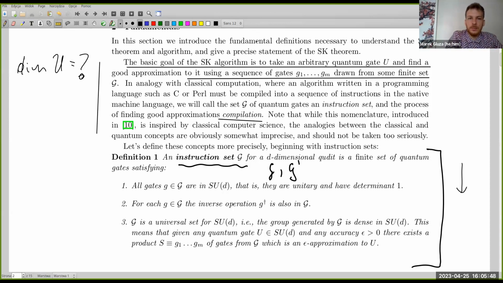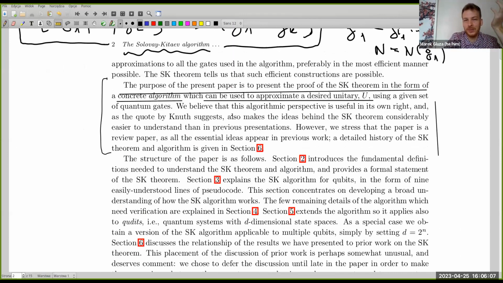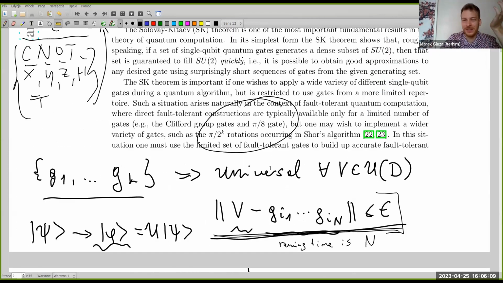Okay, so why will we call this compilation? We will have a language, and then we just write this in human language. They want to say that the human language for fault-tolerant codes would be Cliffords and the T gate.